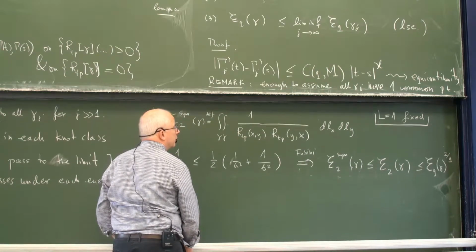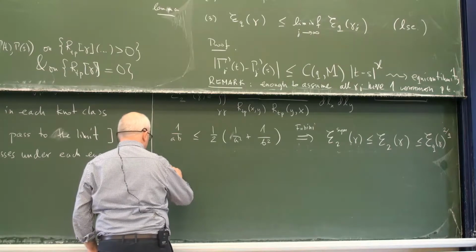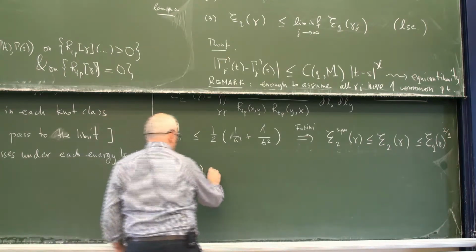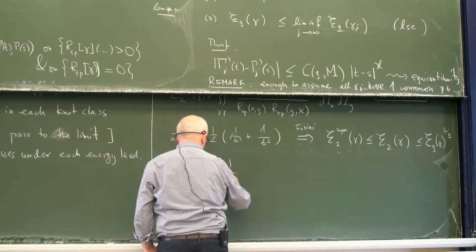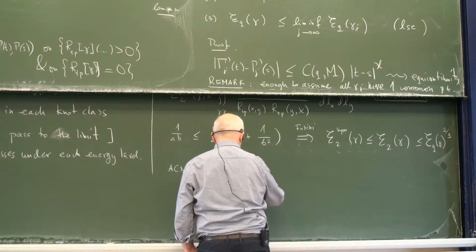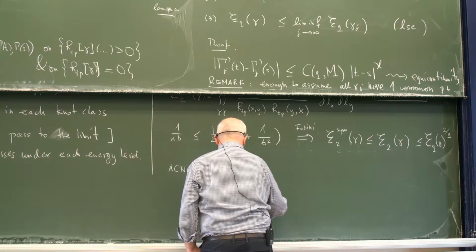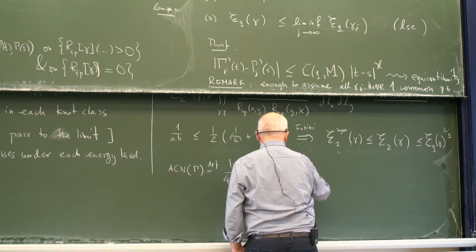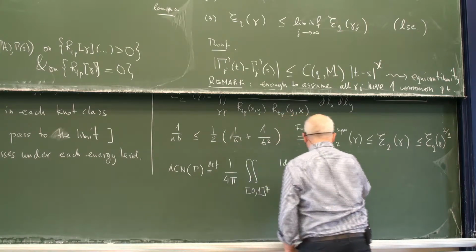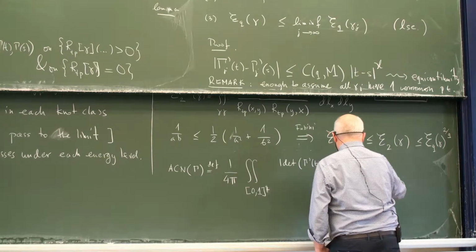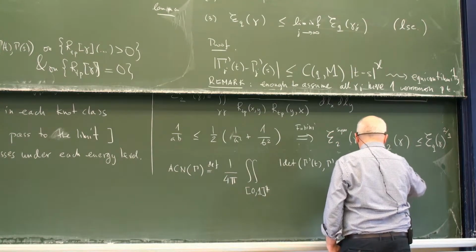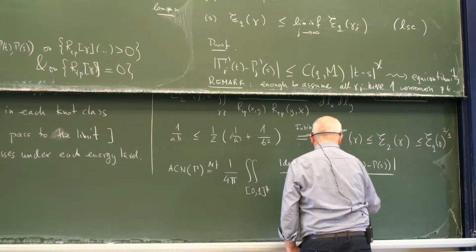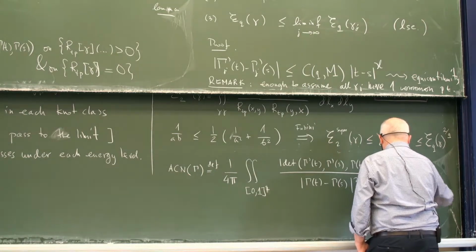So the average crossing number of a closed loop gamma is by definition equal to 1 over 4 pi times the integral over [0,1] squared of the absolute value of the determinant of gamma prime of t, gamma prime of s, gamma of t minus gamma of s, over the squared norm of gamma t minus gamma s, dt ds.